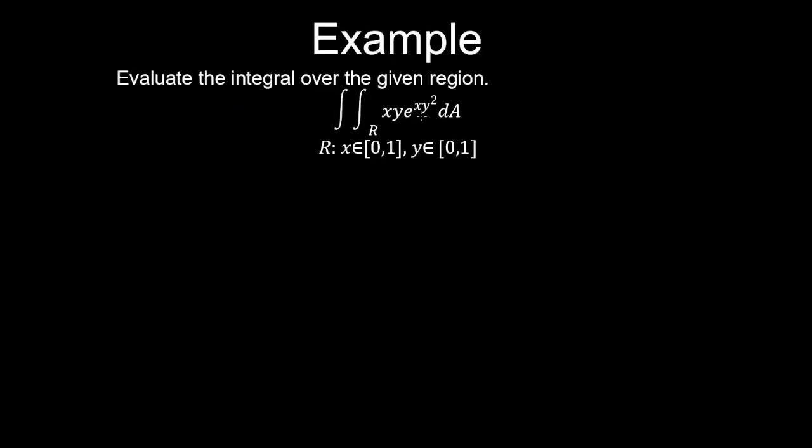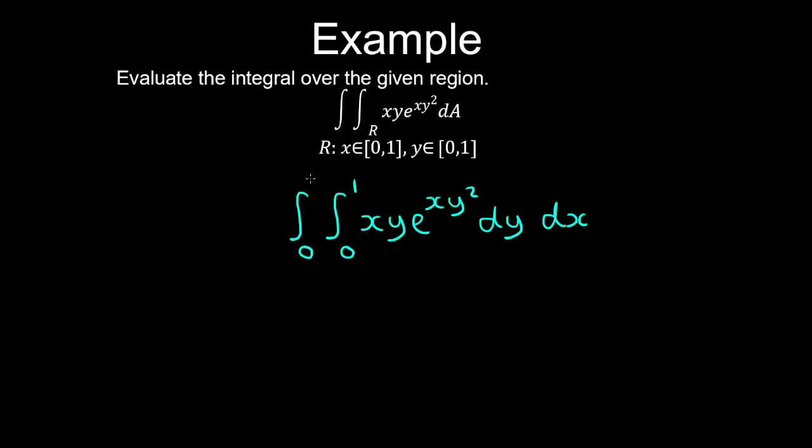Let's evaluate this double integral over the given rectangular region. And if we recognize that it's easier to first integrate with respect to y, we can write our inner integral as the integral of xy by e to the xy squared with respect to y, evaluated from 0 to 1, and integrating the result over x from x equals 0 to x equals 1.